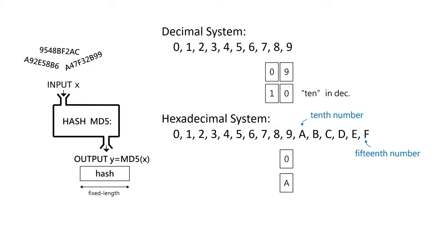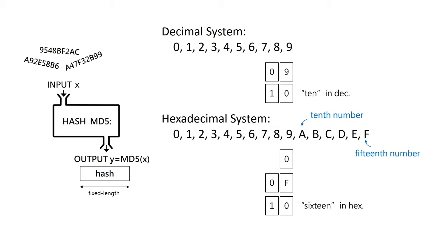B is 11, C is 12, D is 13, E is 14, and F is 15. When it comes to 16, you have already used all of the numbers in the hexadecimal system. So now you need one more digit, and 10 now represents 16 in the hexadecimal system.